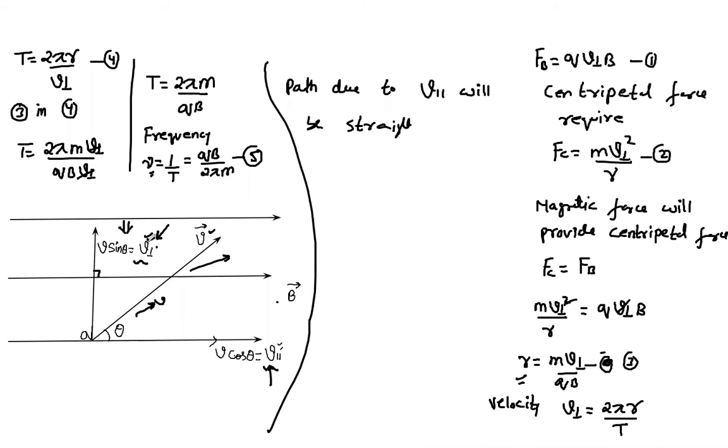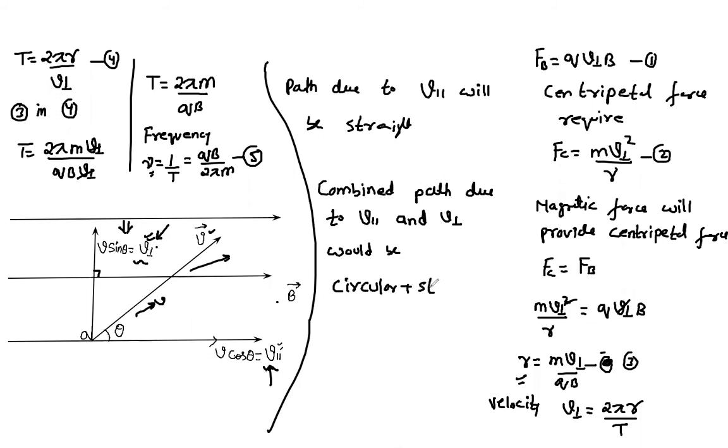So this v perpendicular will give a circular path. This v parallel will give a straight line path. The combined path due to v parallel and v perpendicular would be circular plus straight line.